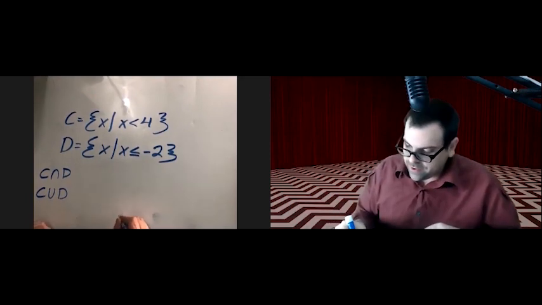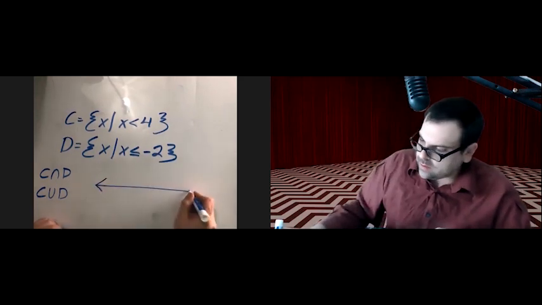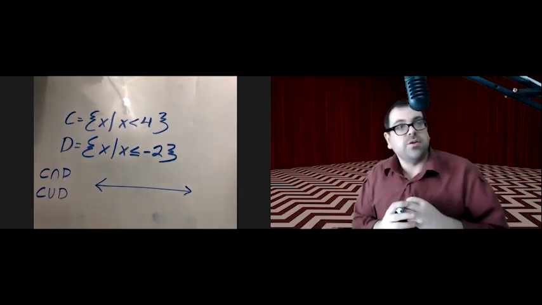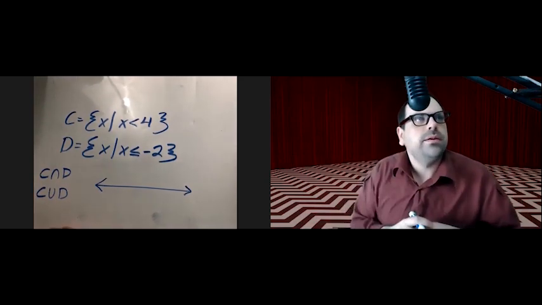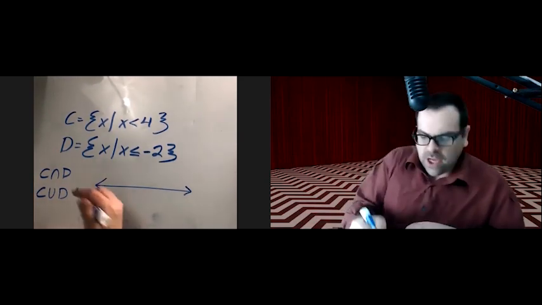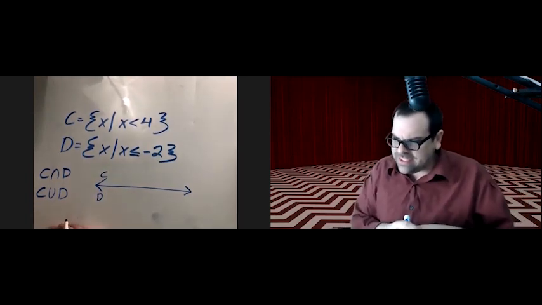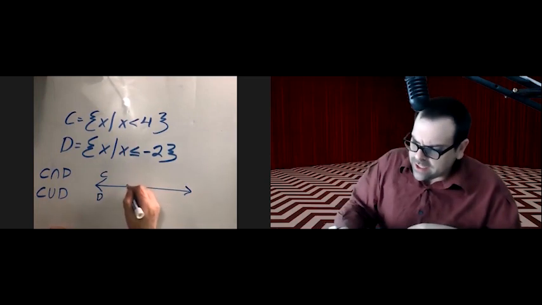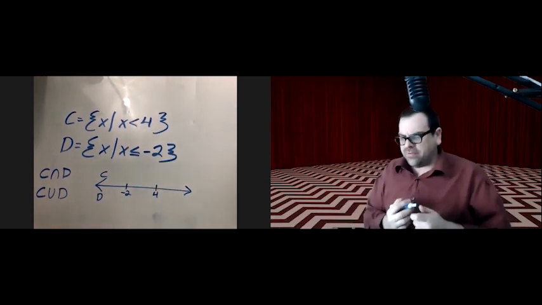Up top, I'm going to graph C, and below, I'm going to graph D. For that, we're going to need -2, and we're going to need +4.